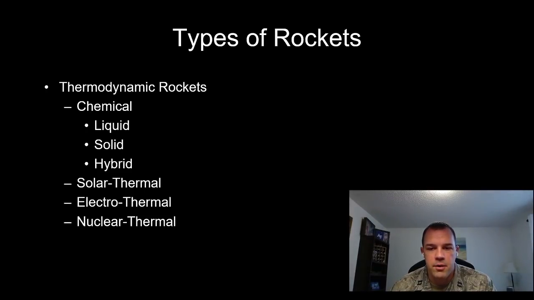Nuclear thermal, no kidding, have a nuclear reaction going on in your combustion chamber, and the heat provided by that nuclear reaction, obviously it's not a prompt nuclear reaction, otherwise you'd have a big explosion there. It's a sustained reaction, just like a nuclear reactor would produce power, this produces heat, which heats up the propellant, and you can expand that out the back and provide yourself thrust.